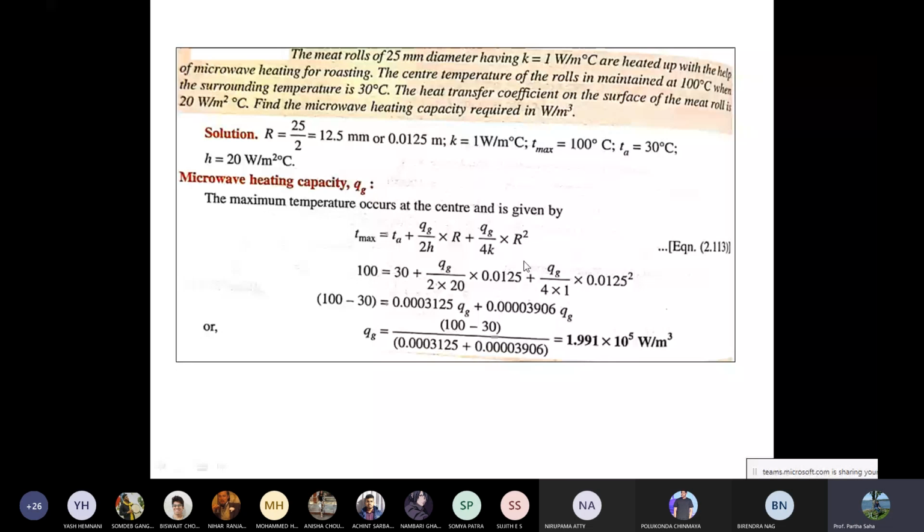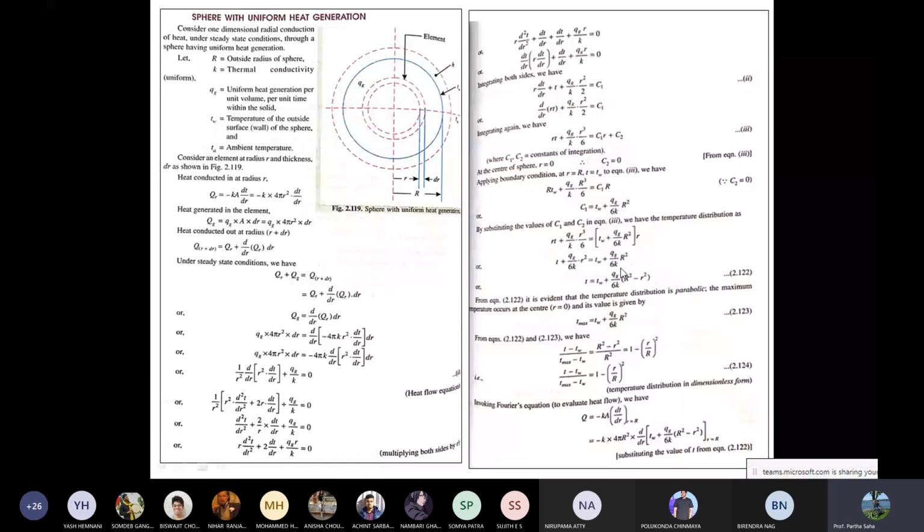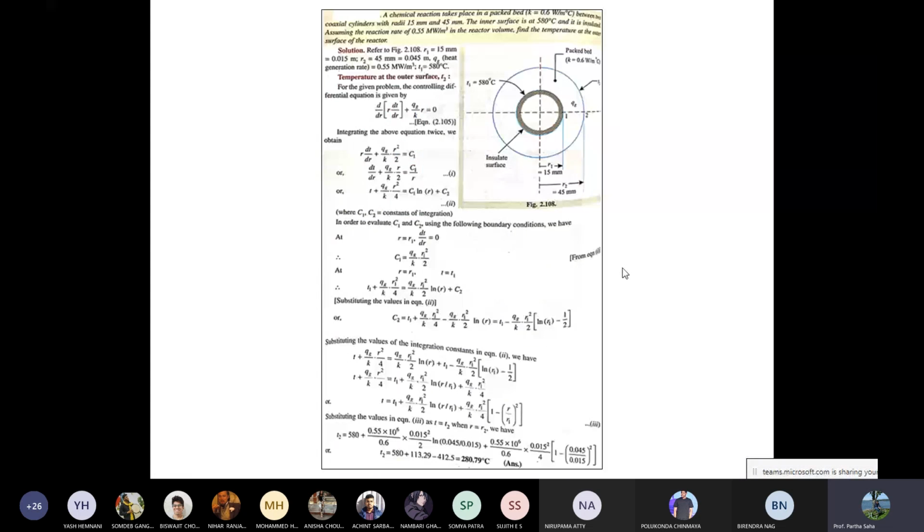Another problem. A chemical reaction takes place in a packed bed. Thermal conductivity is given as 0.6 watt per meter C. It lies between two coaxial cylinders with radius 15 mm and 45 mm. The inner surface is at 580 C, and it is insulated.